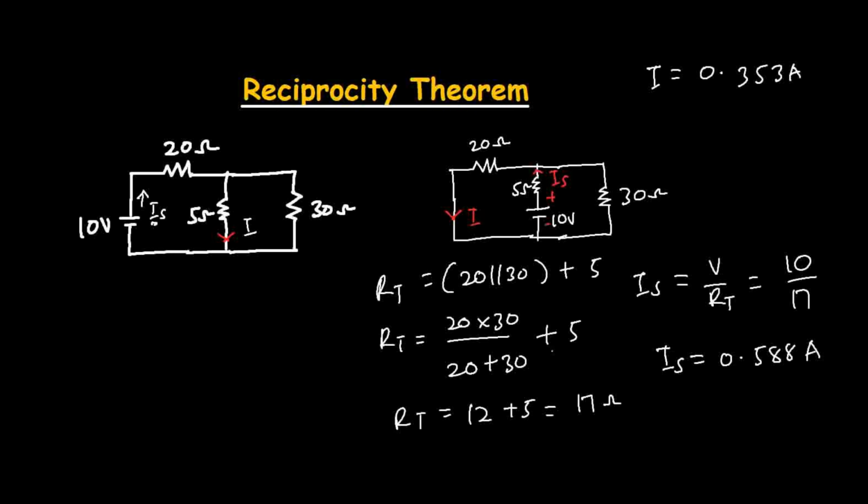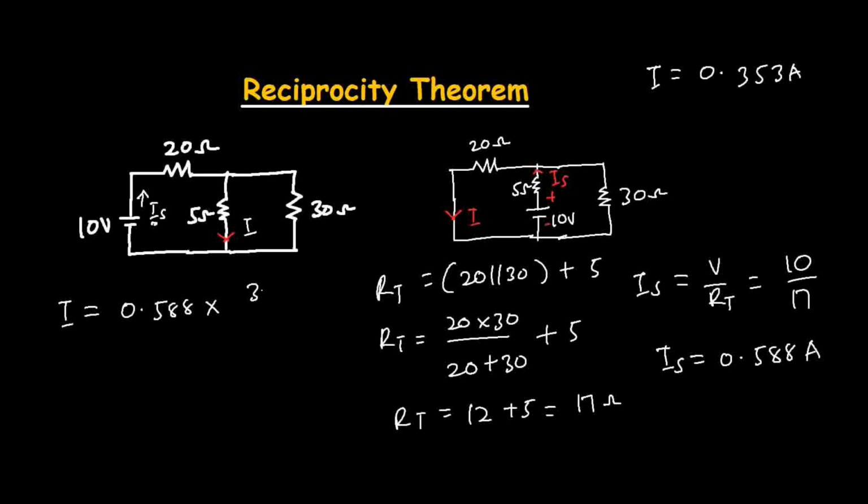Okay, so now we need the current flowing through this 20 ohms resistor here. So how are you going to do that? To do this, we can use the current division rule here. Okay, so let's look at that. So we have I, which is the current flowing through this branch here, equal to the total current, which is the source current, 0.588, times this 30 ohms resistor here.